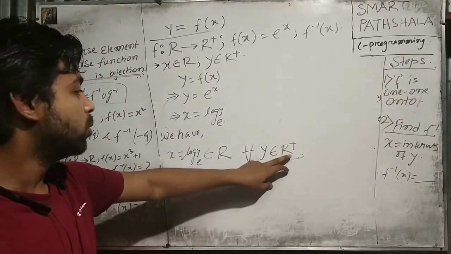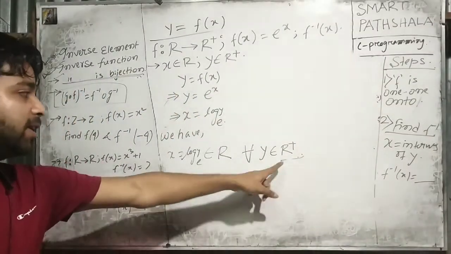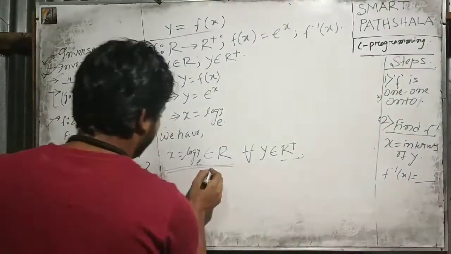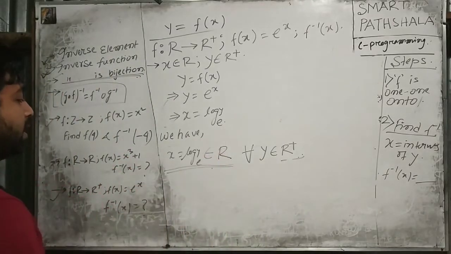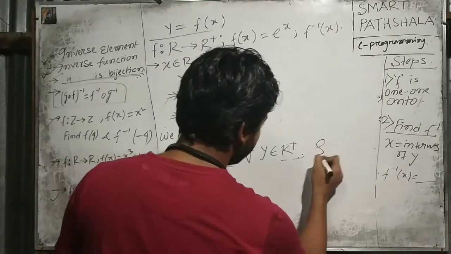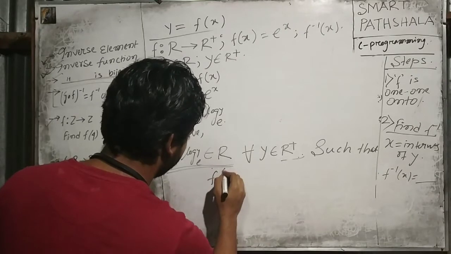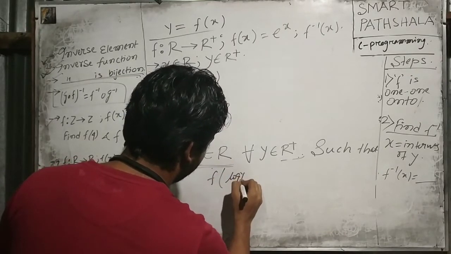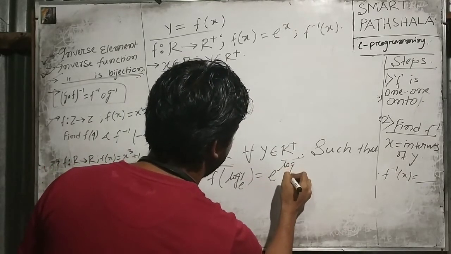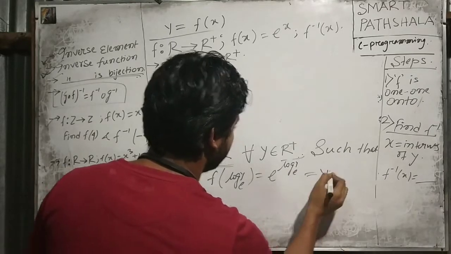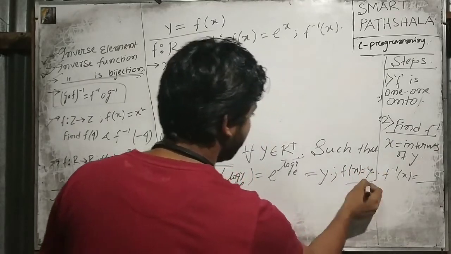That's why the codomain set here is the positive real numbers. If the codomain set had been the negative real numbers, then this element would not have belonged to the domain set of real numbers. Hence, f of log of y to the base e is equal to e to the power log of y to the base e, which will imply y. That is, we are again getting f of x is equal to y, which is true, as we obviously know.